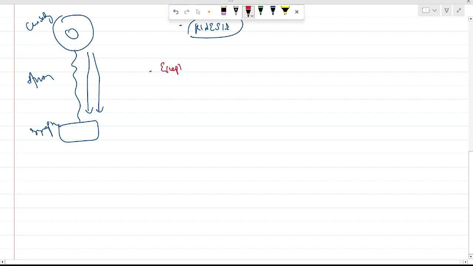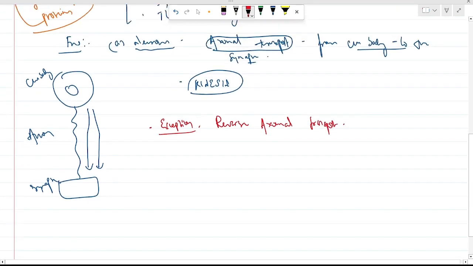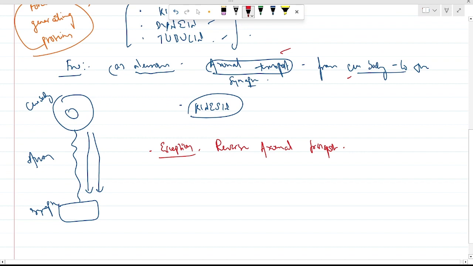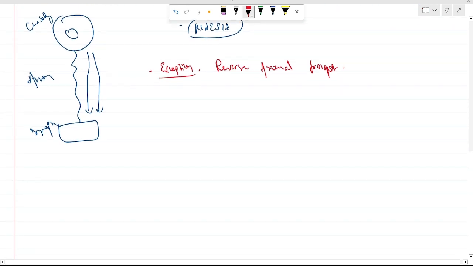The exception is called the reverse axonal transport. As the axonal transport is from cell body towards the synapse, this reverse axonal transport is from synapse towards the cell body.